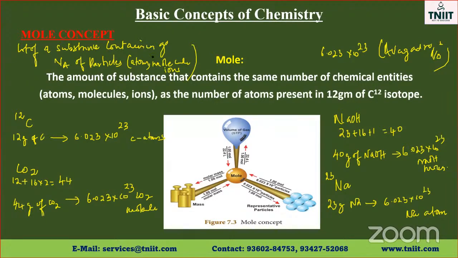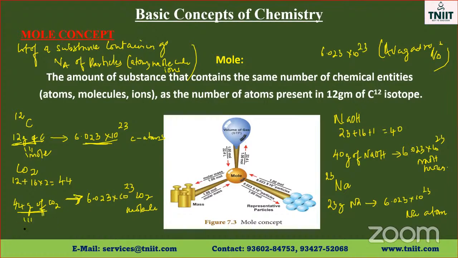Now, if we take 12 grams of carbon, the atomic mass of carbon, and find out how many carbon atoms are present, it contains 6.023 into 10 power 23. Therefore, 12 grams of carbon is called 1 mole. If we take 44 grams of carbon dioxide, it contains 6.023 into 10 power 23 carbon dioxide molecules.